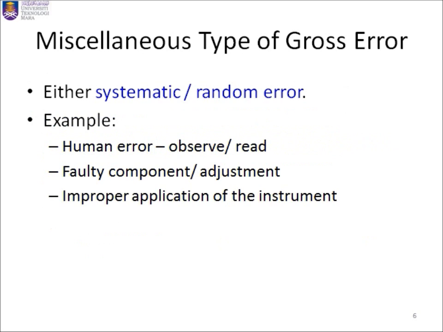Okay, the third one is miscellaneous type of gross error. So it's either systematic or random error. The examples of this gross error are human error, faulty component, and also improper application of the instrument.